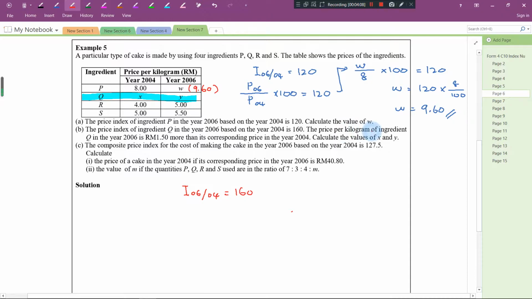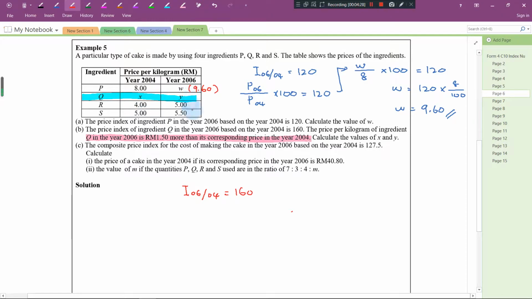The price per kilogram of ingredient Q in the year 2006 is 1 ringgit and 50 cents more than its corresponding price in the year 2004. Calculate the value of X and Y.